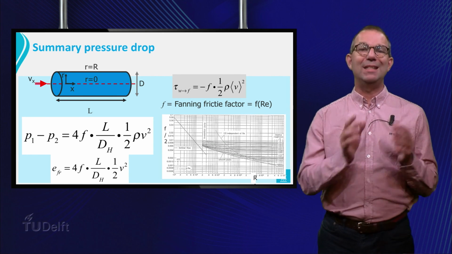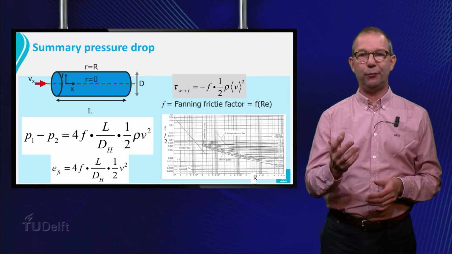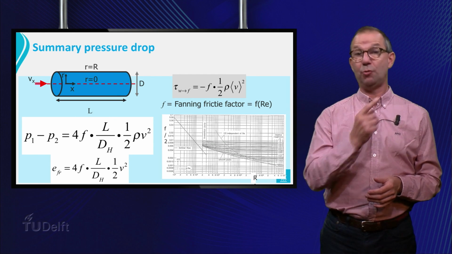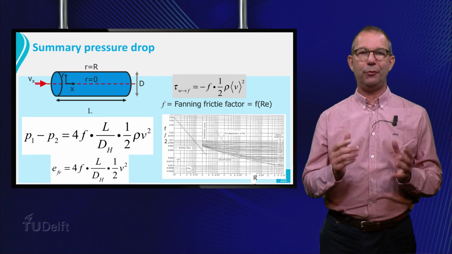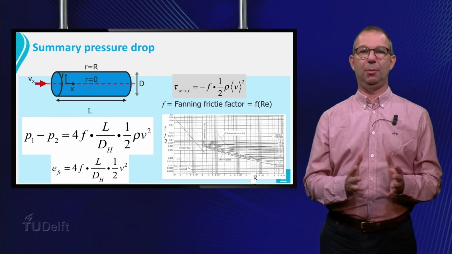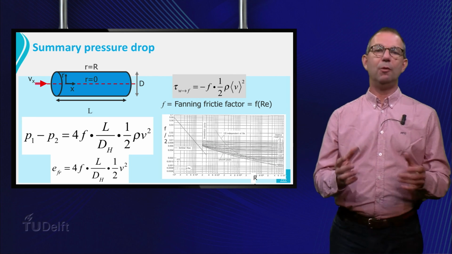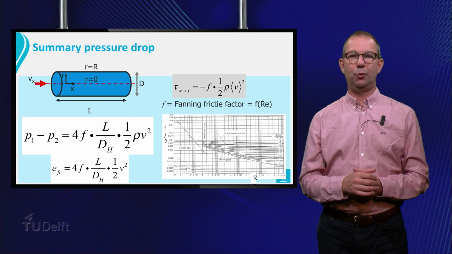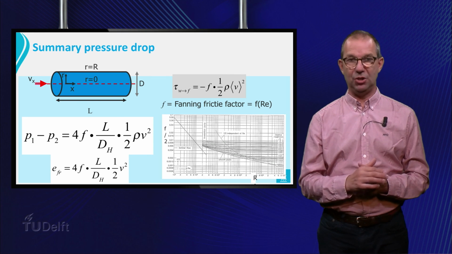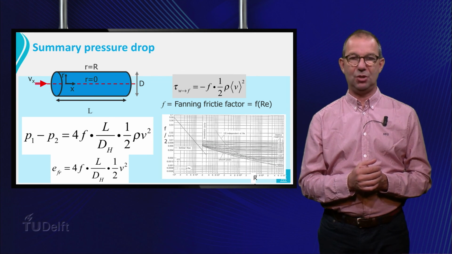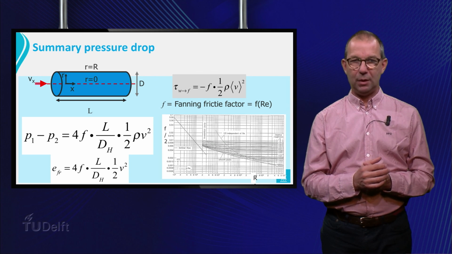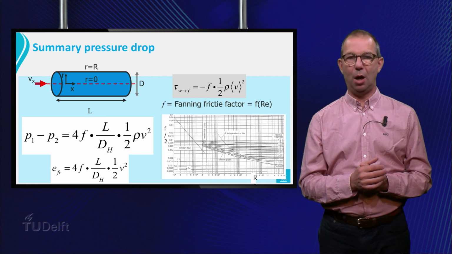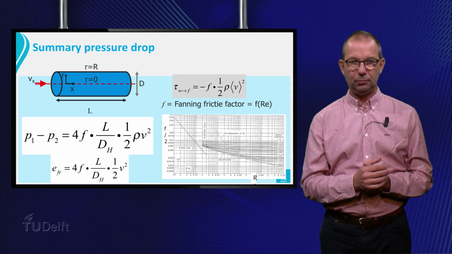This gave delta P equals 4F times L over D hydraulic times half rho V squared. The fanning friction factor can be found in graphs and tables. Finally, we also derived an expression for the until now unknown dissipation in the mechanical energy balance. E sub Fr equals 4F times L over D times half rho V squared.